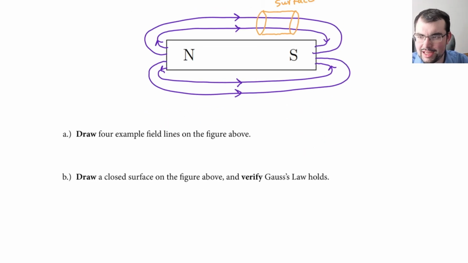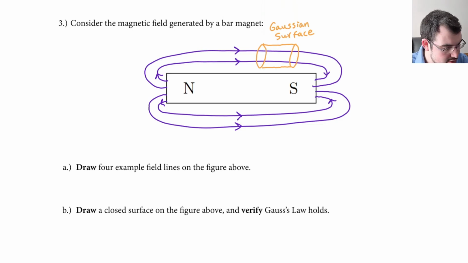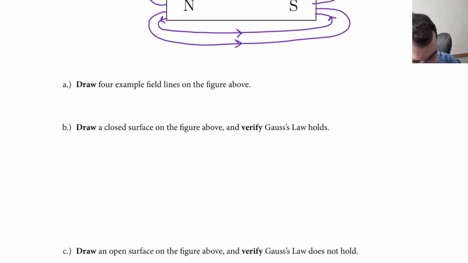So we want to verify Gauss's law holds. So what does Gauss's law say? Gauss's law is about the net flux. So what is the net flux?